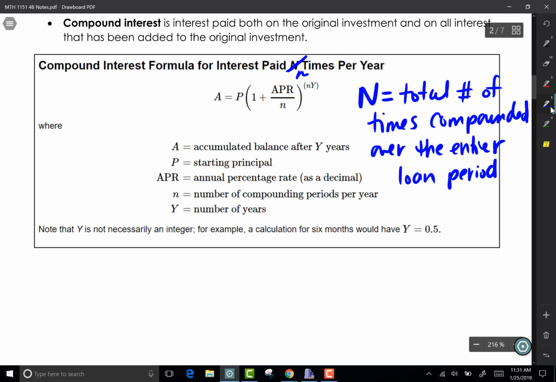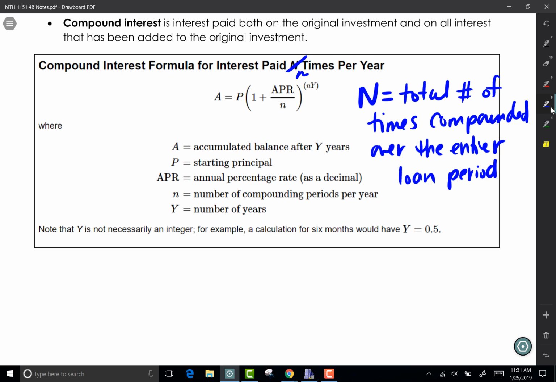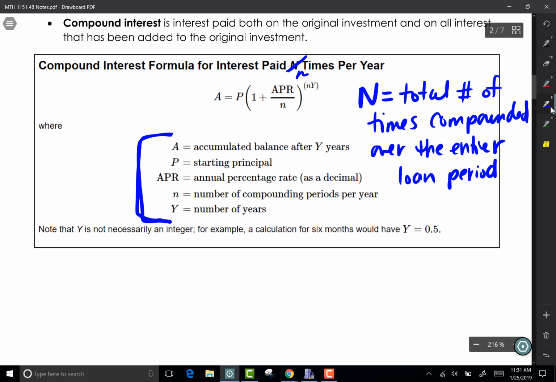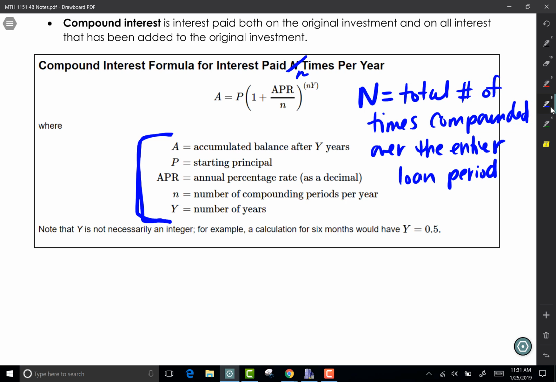Little n is how many times it's compounded per year. Big N is the number of times it's compounded throughout the entire time that you have your money invested. Okay, and Y is the number of years. So going through these variables, hopefully that helps you understand what they mean. When we start going through some examples, it will click and make a little more sense.